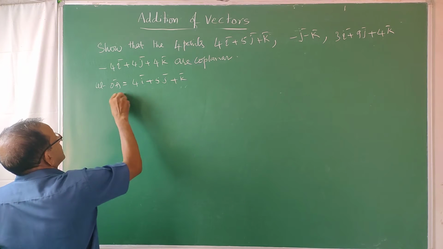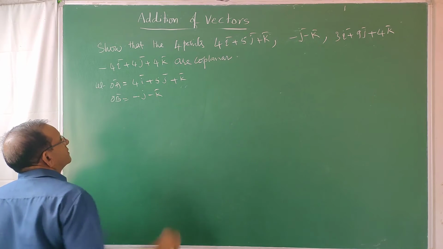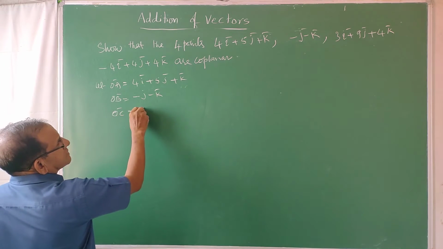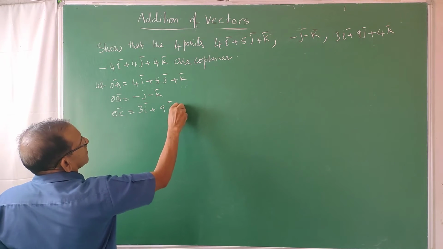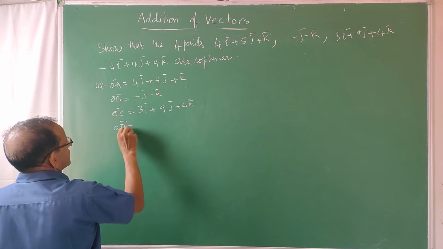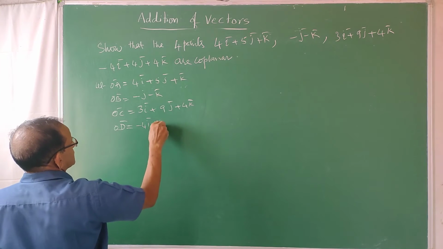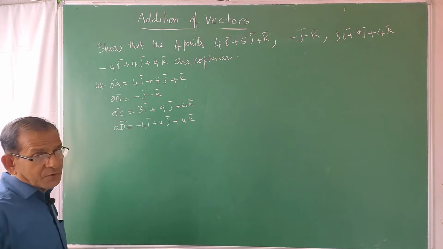OB bar is equal to minus j minus k. OC bar is the third one, 3i bar plus 9j bar plus 4k bar, and OD bar is equal to minus 4i plus 4j plus 4k bar. My 4 points are given like this.